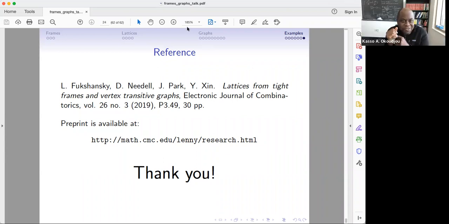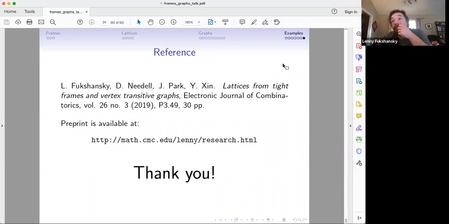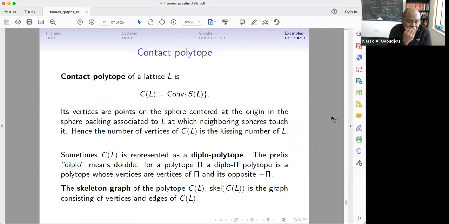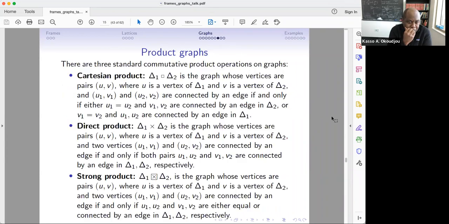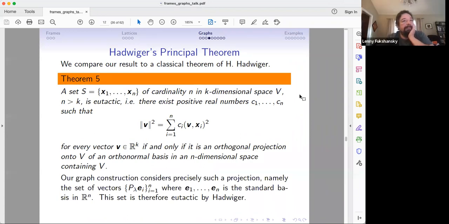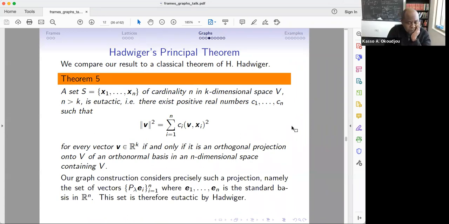Can I ask a question, please? Yes. Thank you very much. This is very interesting. Could you go back to Theorem 5, please? This one. Yes. This reminds me of something we looked at at some point.